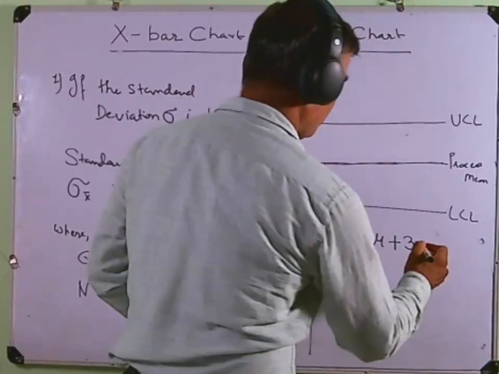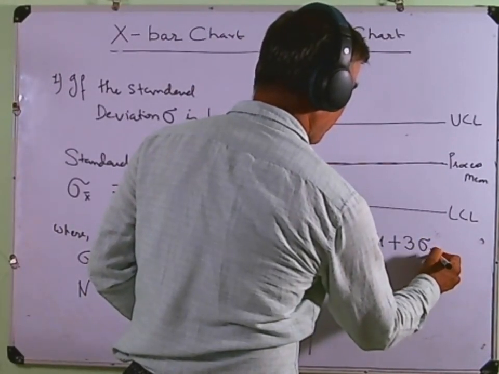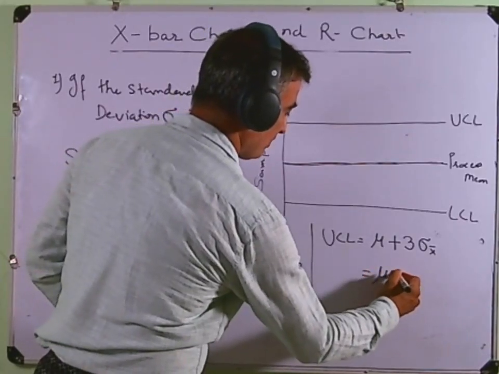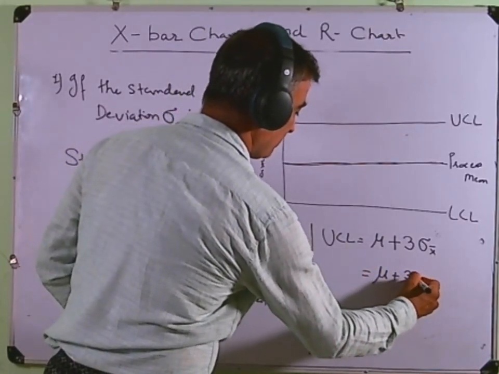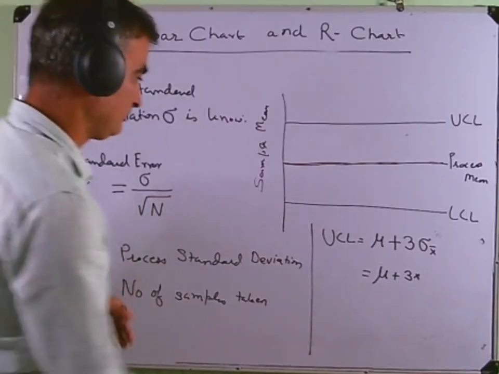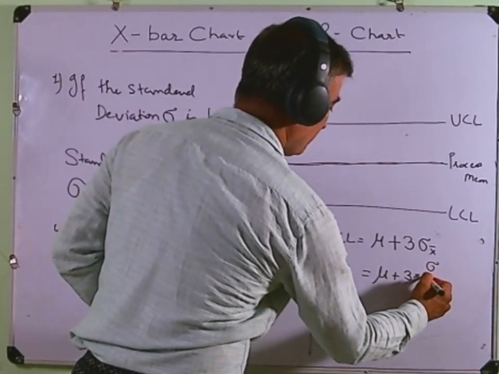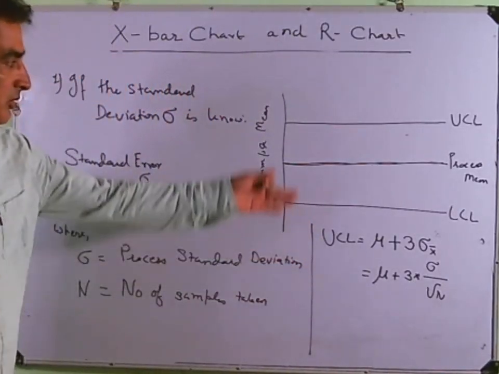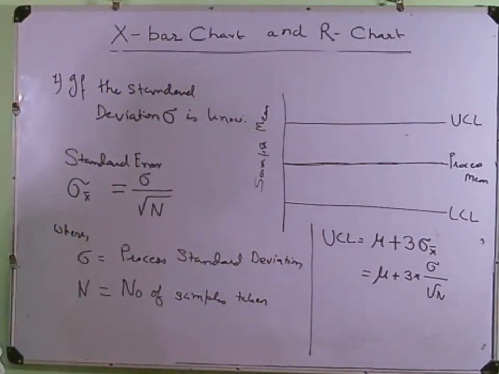So it would be mu plus 3 times sigma x bar. Or you can also write it as mu plus 3 multiplied by the standard deviation of the process divided by root over n. So this is the formula to calculate the upper control limit.